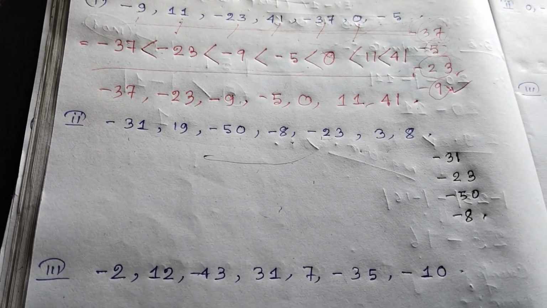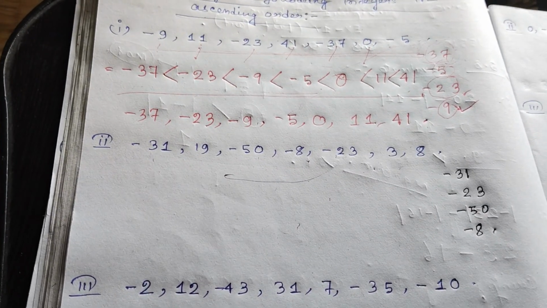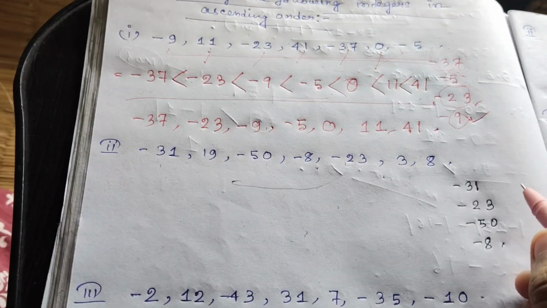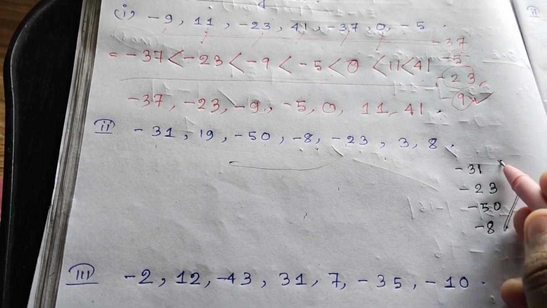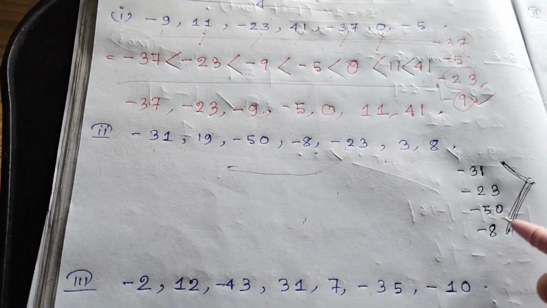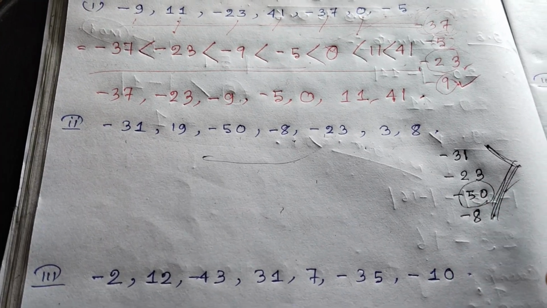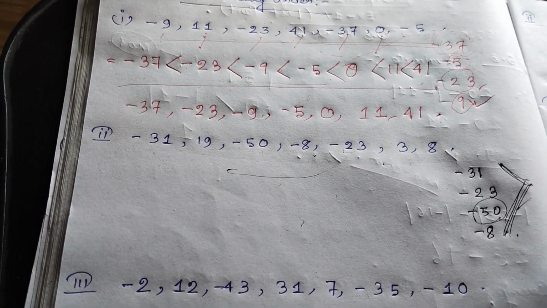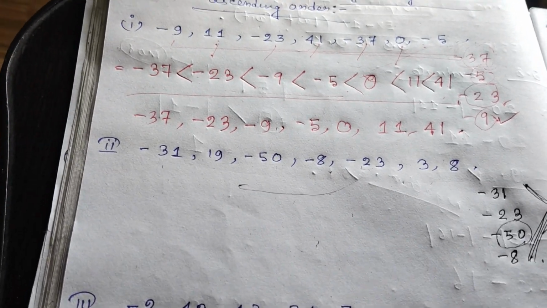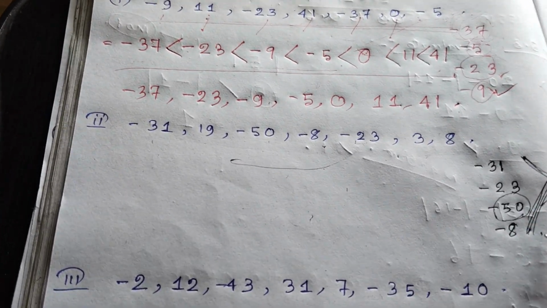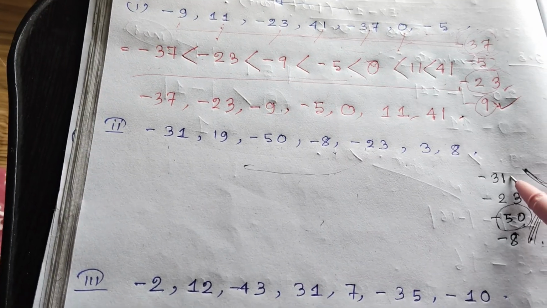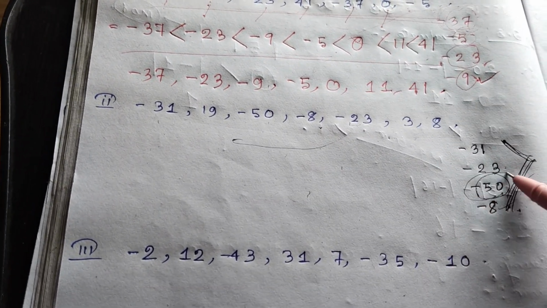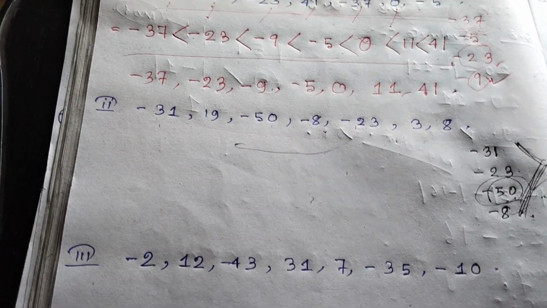In comparing negative integers, first you have to check which number is bigger in basics. You can see 50 is bigger in basics. So in comparing negative integers, the one that is bigger in basics becomes smaller in negative integers. So among -31, -23, -50 and -8, -50 is the smallest negative integer.